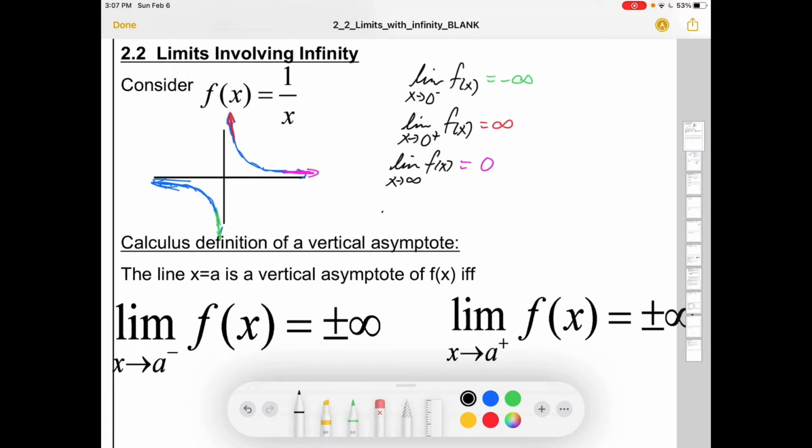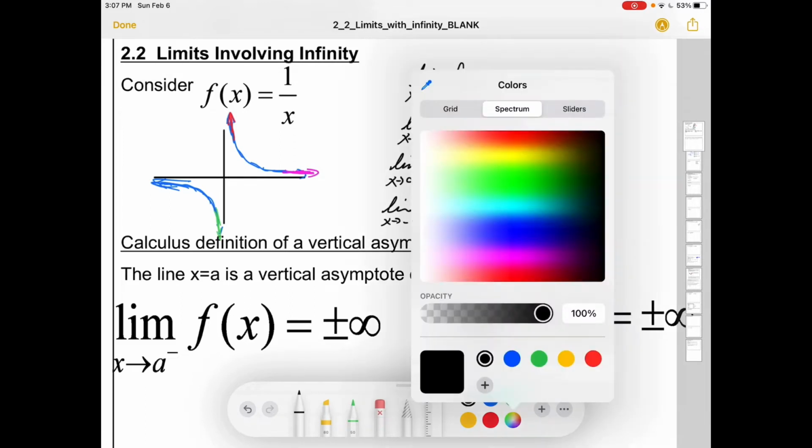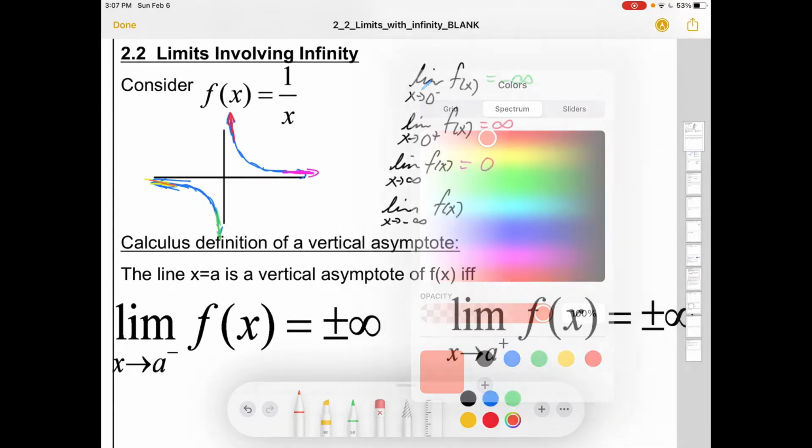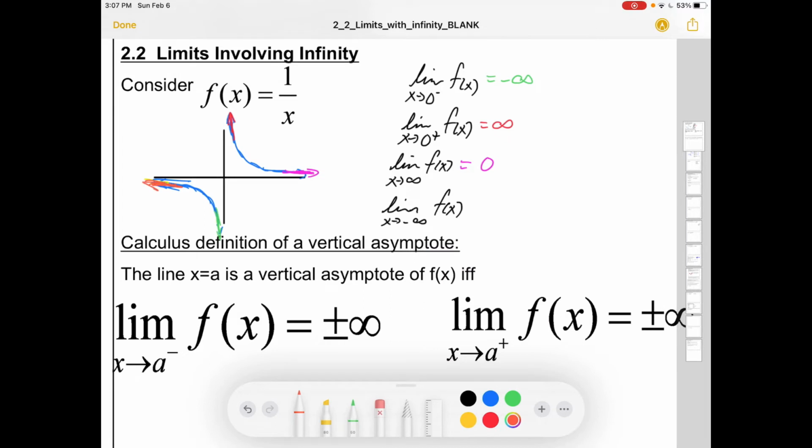And then similarly, if we went out towards negative infinity, okay, so these are x values, we'd be talking about going to the far left. So let's pick out another nifty color here. This peach. There we go. That's also going to go towards 0.